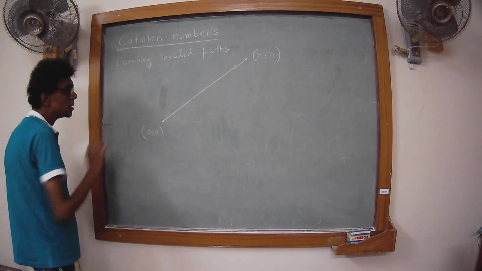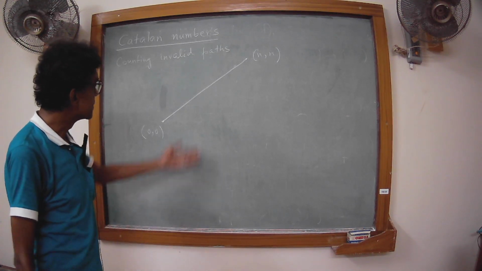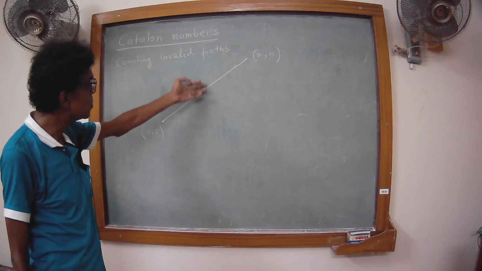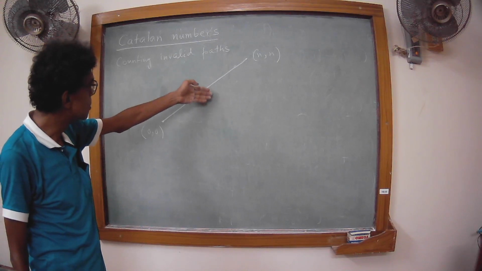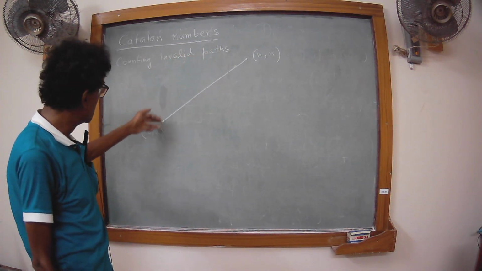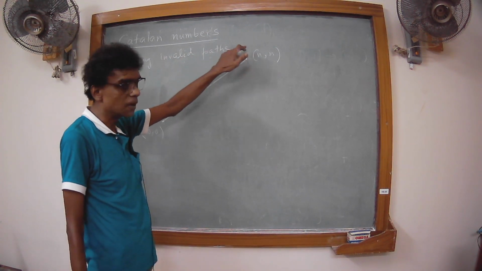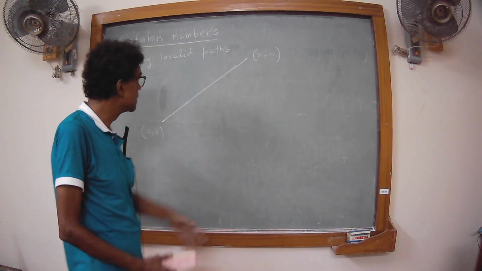Since this is an invalid path, at some point it will cross this line. It can be here, it can be here, it can be here. Of course, it cannot be at the end because you have reached the destination at n, n.